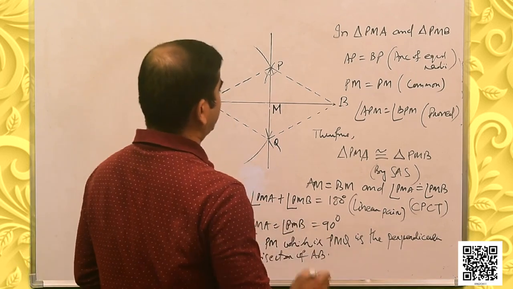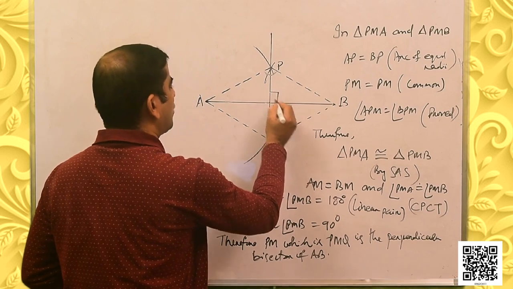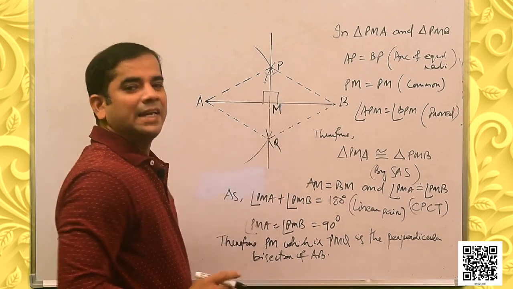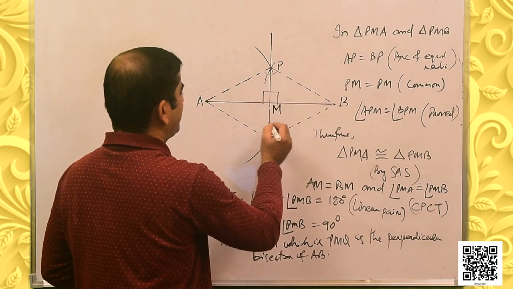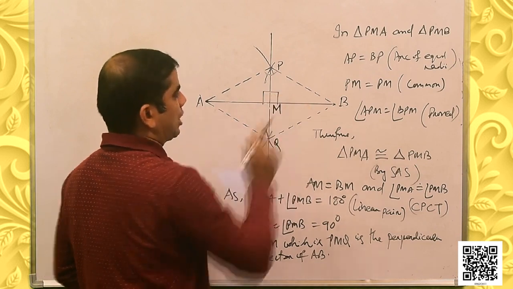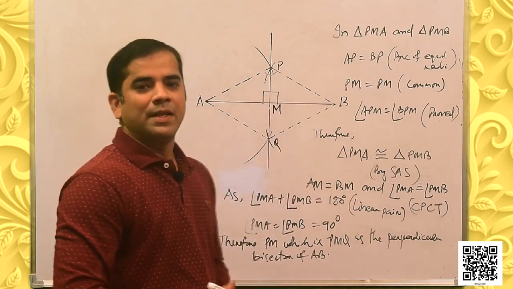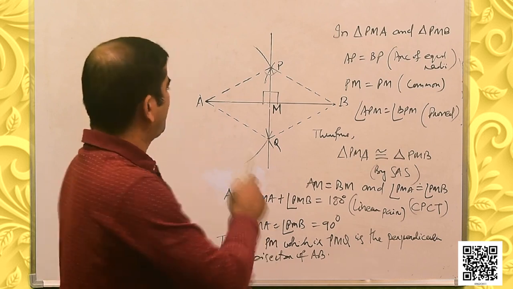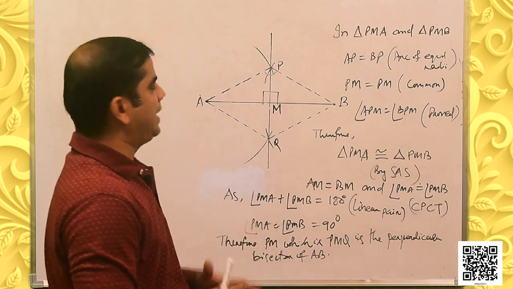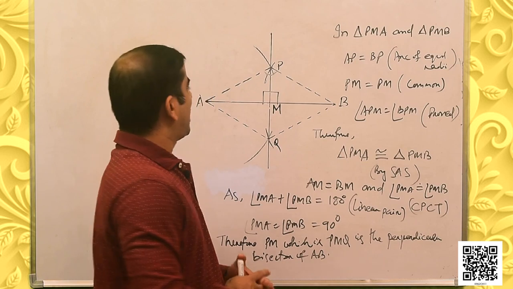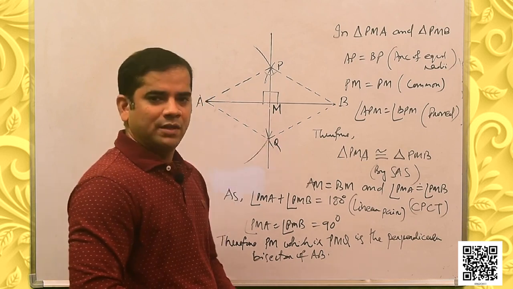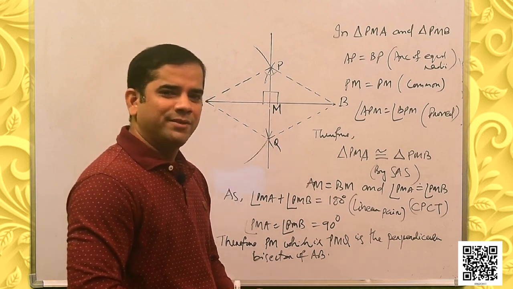Why perpendicular bisector? Because now these two angles, they are 90 degrees each. That means PMQ is perpendicular to AB. Fine. So, PMQ divides AB in two equal parts at point M. Hope you have understood this concept.